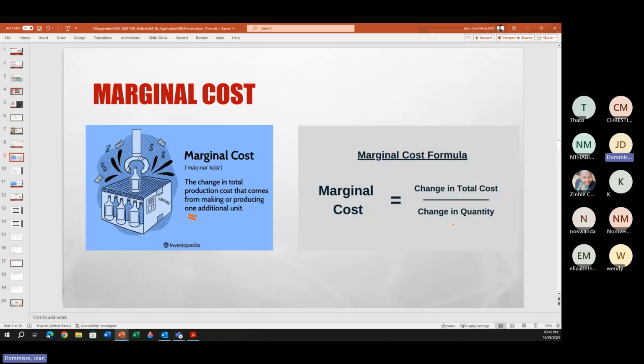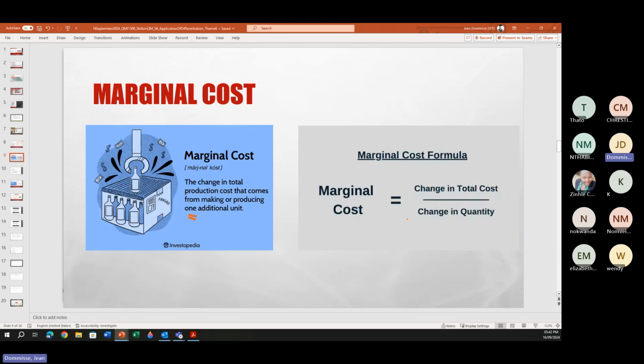So if we know the cost of 19 units and you want to find out the extra cost to get to 20 units, that will be our marginal cost that we will then work out. So that is the increase for one additional product or quantity created.